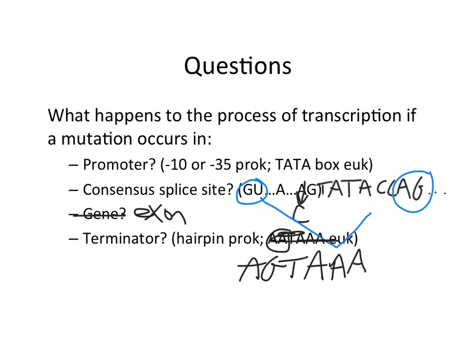Of course, by that point, it's transcribing what's no longer gene, because it's missed what used to be the 3' end of the gene. So what's RNA polymerase doing now? It's transcribing intergenic DNA, stuff that's not exon. It's going to make some crazy wild protein that does weird things. So mutations can have a lot of effects on transcription. And when we come back next time, we'll start talking about translation.